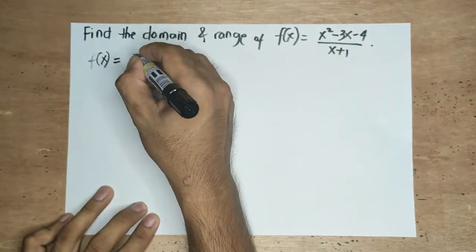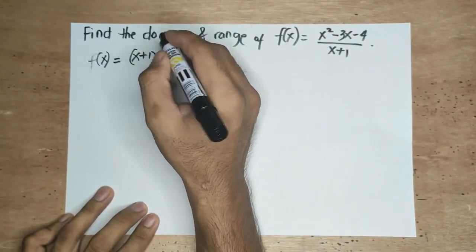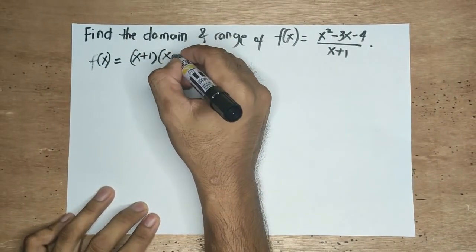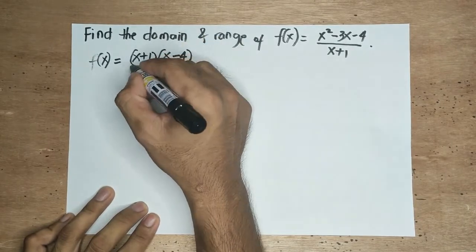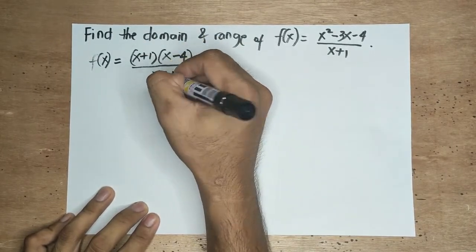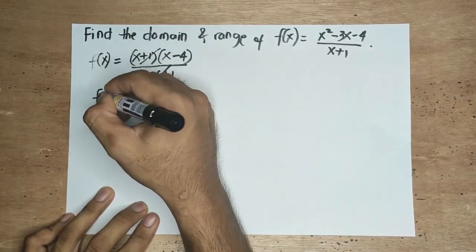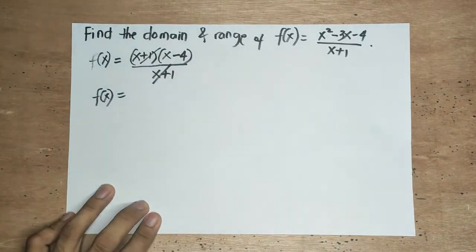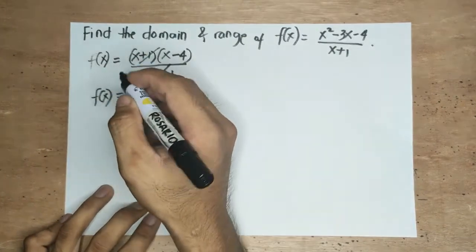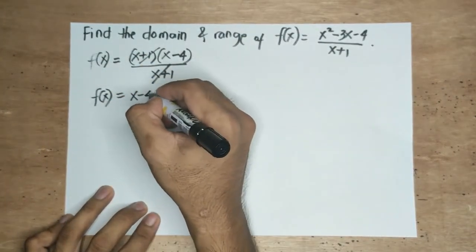Okay, so yung factors niya ay x plus 1 and x minus 4 all over x plus 1. So we can cancel this out, and we will have a simplified function of f of x is equal to x minus 4.